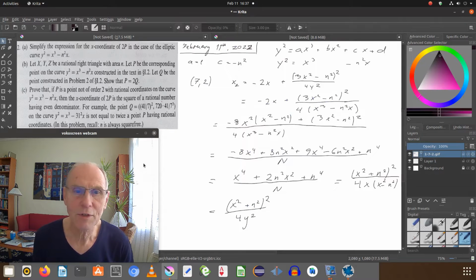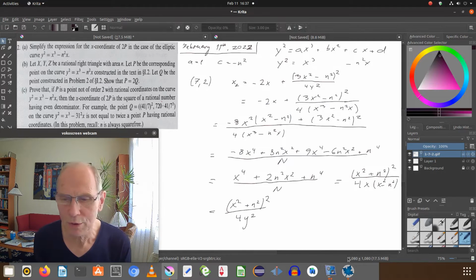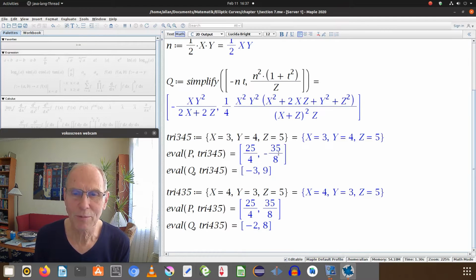Here we have Krita. Now, if P equals 2Q, then these points are on opposite sides of the x-axis. So I should think that the 2 times it were on the opposite side.